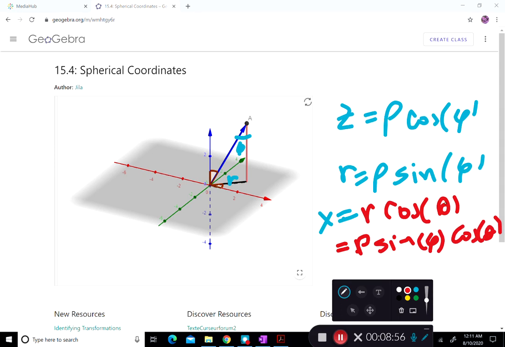And similarly, y is going to be r sine theta, so the formula for y is rho sine phi sine theta.